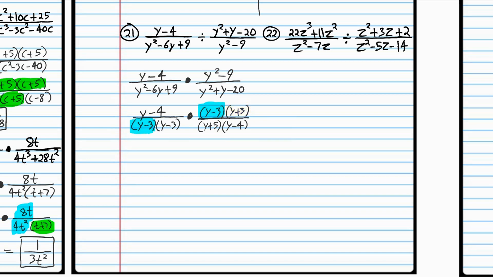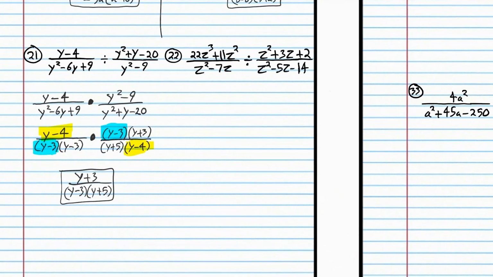Whoop, we can't cancel that one out. We can cancel this one out. And then we just multiply straight across. So again, this is just considered to be 1 times x plus 3. So if you got that answer, good job.